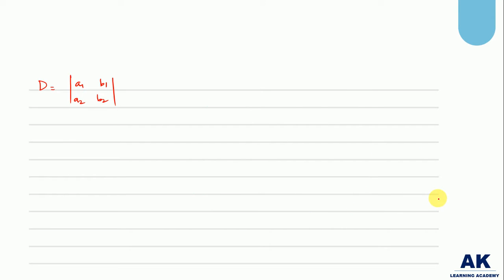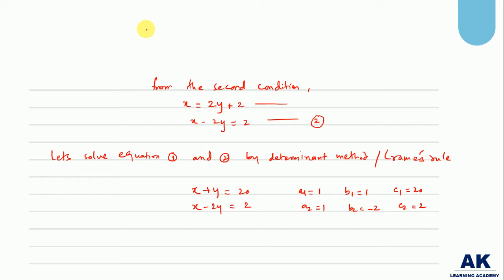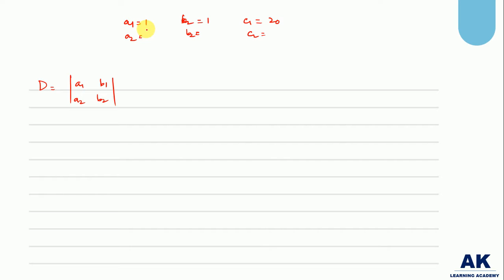Okay, I just write down here: a1, b1, c1, which is 1, 1 and 20. Then a2, b2 and c2, which is 1, minus 2 and 2.